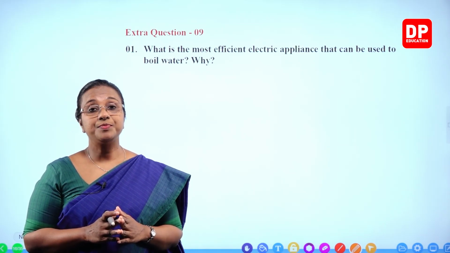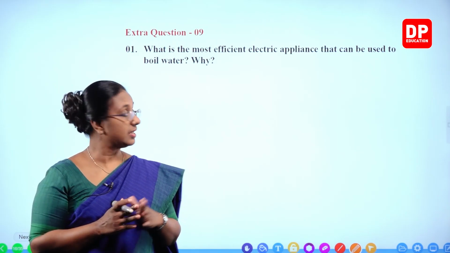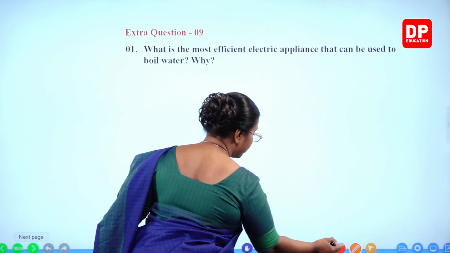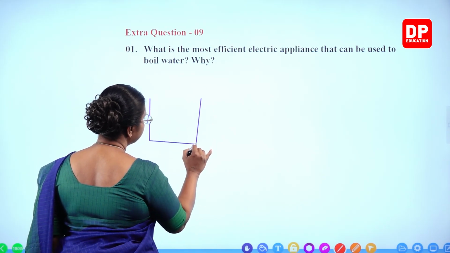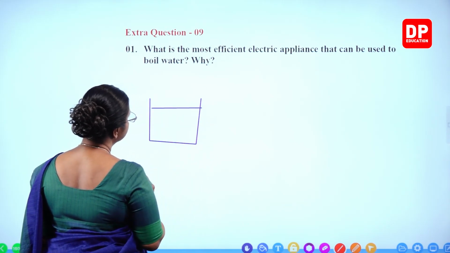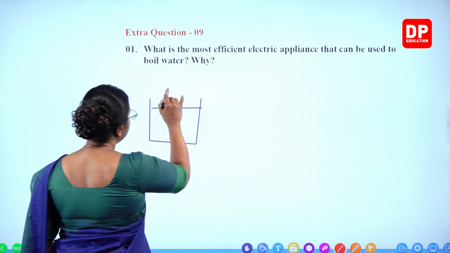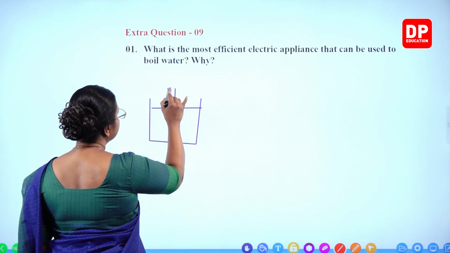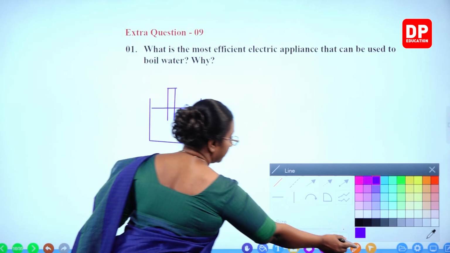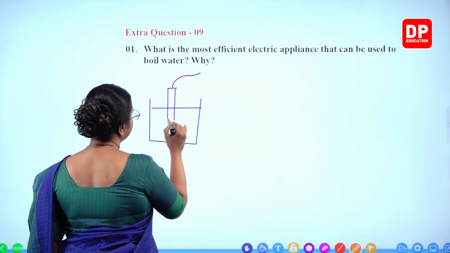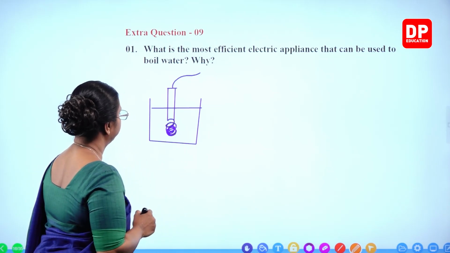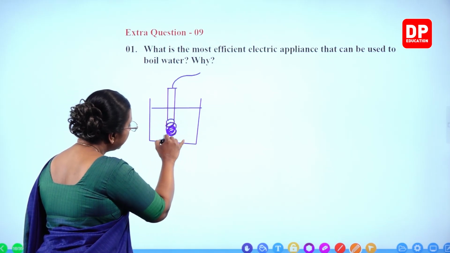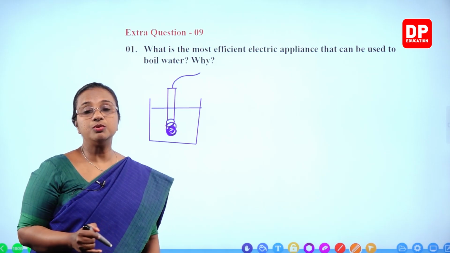Why is that? Because when you use an immersion heater, you all can remember that, students. I will show this diagram just for you all to recall what we have learned. Now, this is the vessel containing water, and we have the immersion heater. Here it's connected to the wire, and here we have the heating coil. This heating coil is immersed into water.